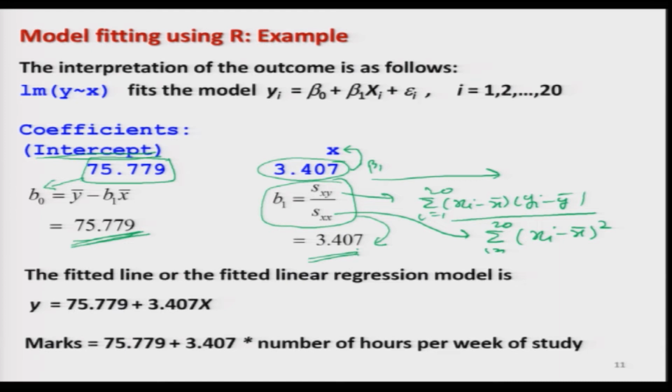So whatever effort and time you would spend computing it manually, the software is helping you and giving you this value 3.407. And if you substitute this value of B1 and obtain the values of y bar and x bar manually, then you will get the same thing here, 75.779.